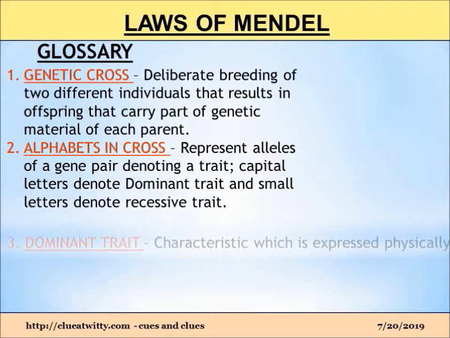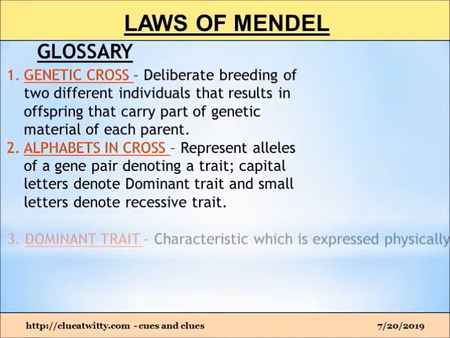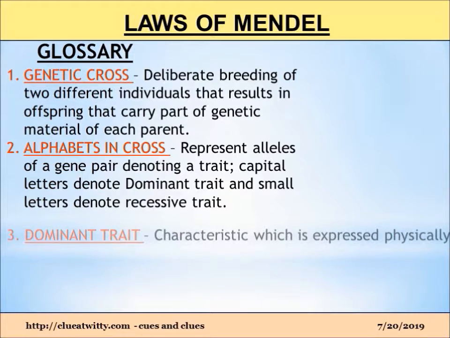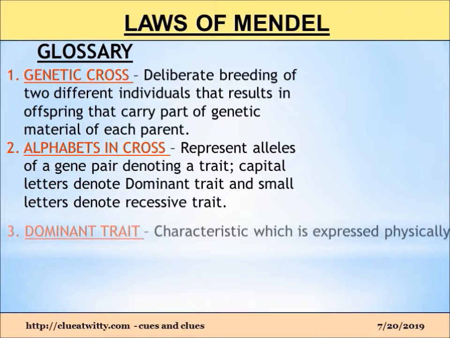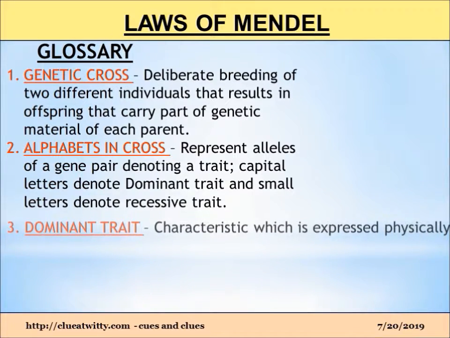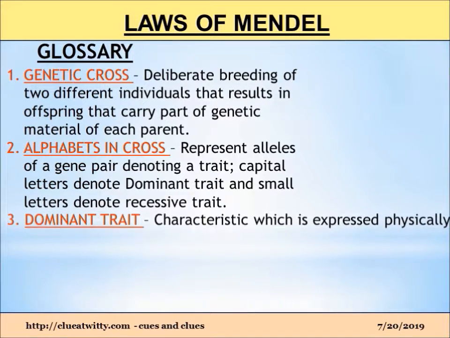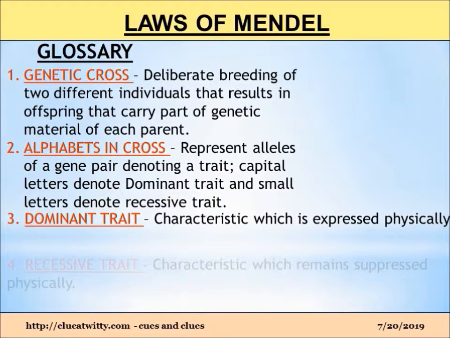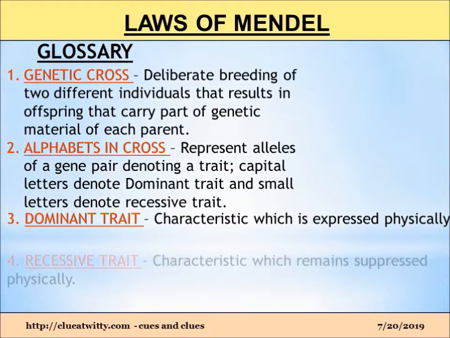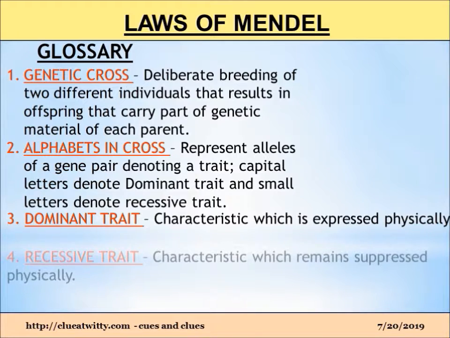What do alphabets represent in a cross? The alphabets represent the alleles of a gene pair denoting a trait. Uppercase letters denote a dominant trait and lowercase letters denote a recessive trait.